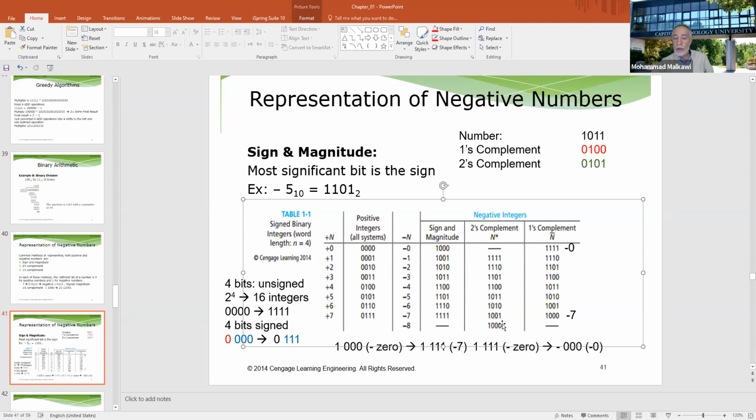So the 1, 0, 0, 0 is the -8, but we don't have a +8, we have +7 to -8. So I was able to save on the negative 0 for 2's complement.